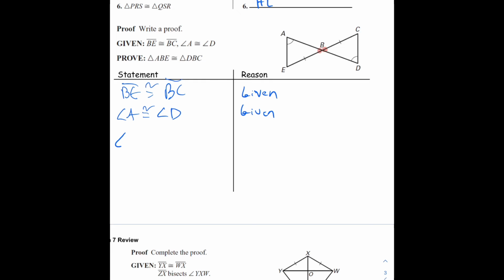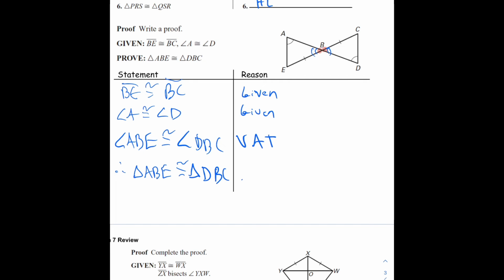I'm going to say that angle ABE is congruent to angle DBC by the vertical angles theorem. And so if this equals this, I have angle, side. So therefore, triangle ABE is congruent to triangle DBC by angle, side.